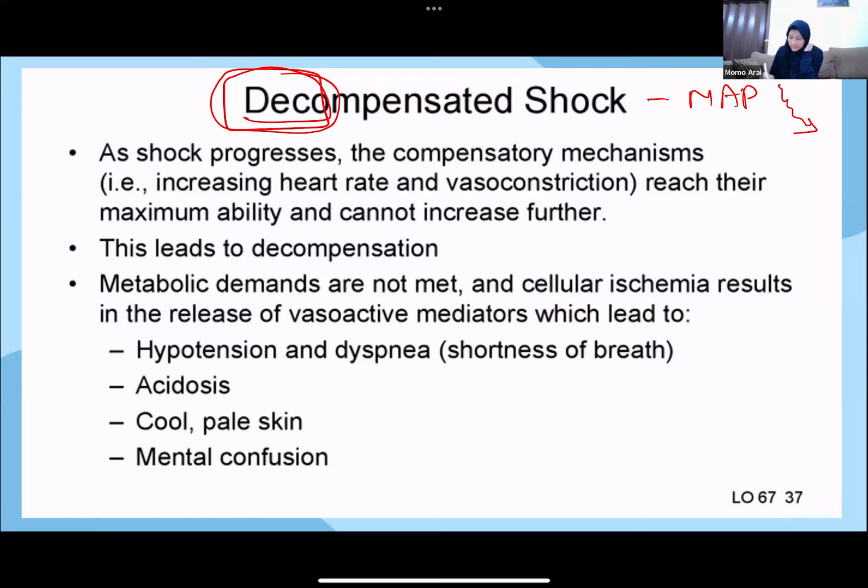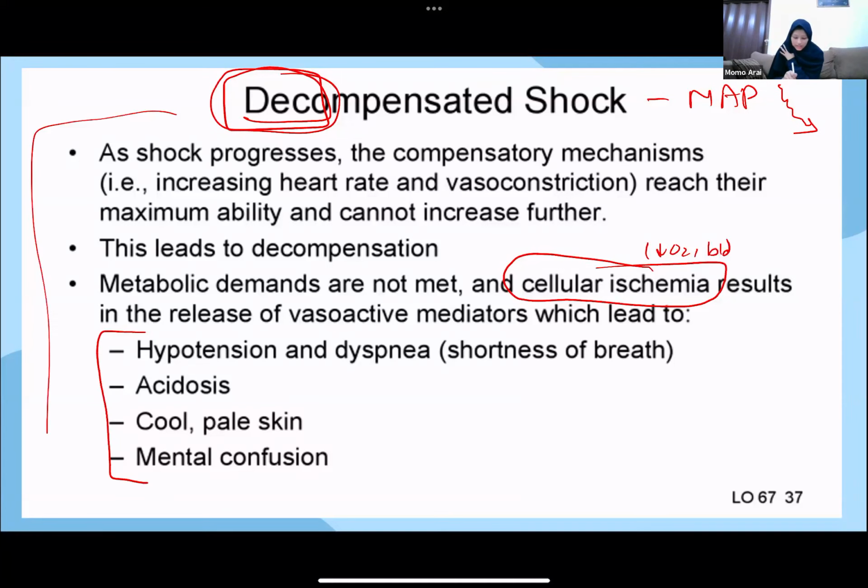So that results in your cells not getting enough oxygen, not getting enough blood to begin with, which means the cells undergo ischemia. Ischemia means you have less oxygen, less blood, and they go into cell death, right? So this means your body now is decompensated.